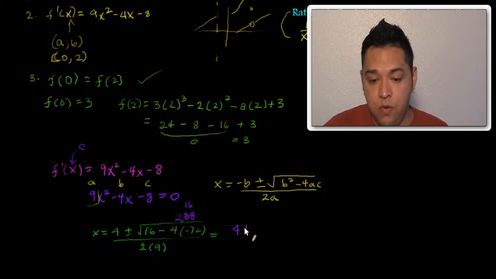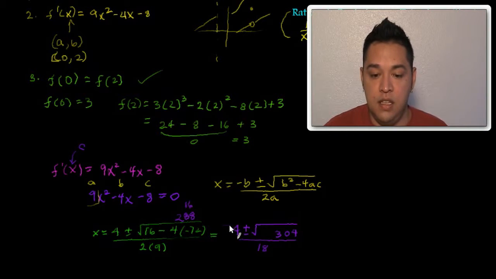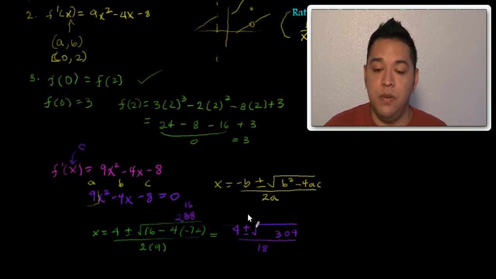So far I have 4 plus or minus the square root of 304, divided by 18. And that's the answer. We could simplify that a little bit, but I'm just going to leave it right there.